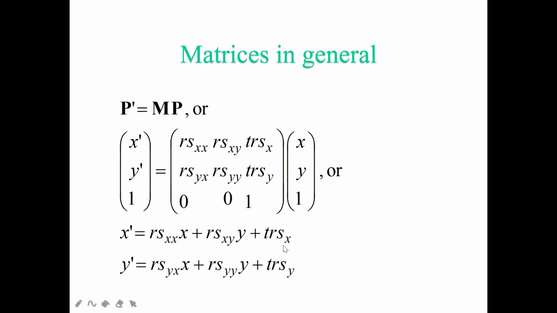So you are going to write this. It means that you are going to multiply each of the coordinate values with everything. Then y dash will be rsyx into x, plus rsyy into y, plus trsy into 1. So you are going to add all these things. You will get your value of x dash and y dash.